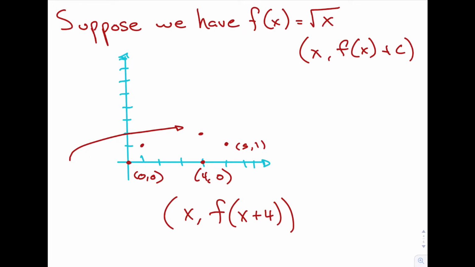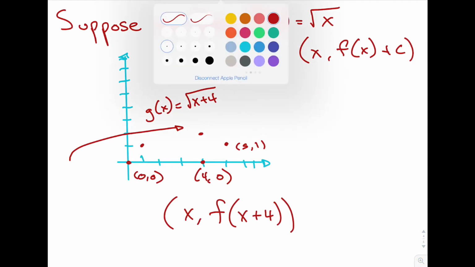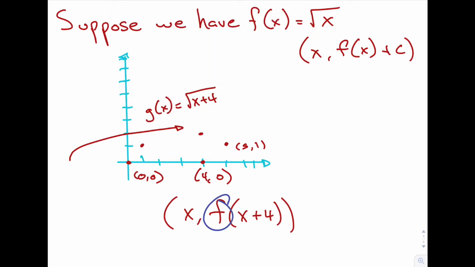So now with this function that we have to the left here, this shifted square root function, this will be the equation g of x equals the square root of x plus 4. So f here represents the base function in a sense, and then we shift it over 4 to the left.